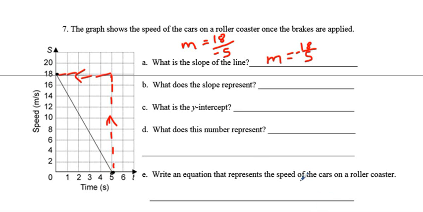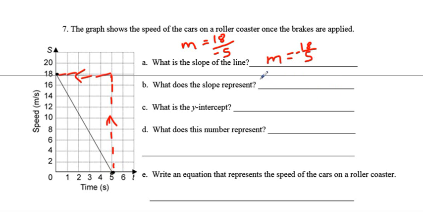So it's the steepness of a line for sure, but because this is a real life problem where the y's represent speed and the x's represent time, we're going to think about what this slope represents. So what's happening, the speed, as we go along here, the speed is decreasing as the time is increasing.